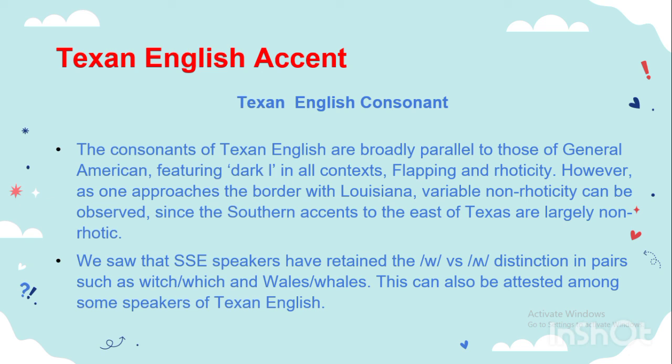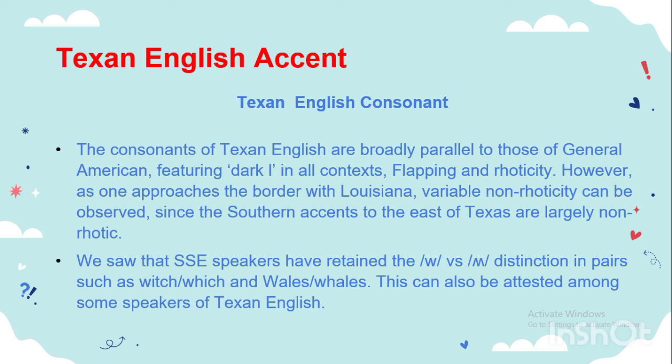Texan consonants. The consonants of Texan English are broadly parallel to those of General American, featuring dark L in all contexts, flapping and rhoticity. However, as one approaches the border with Louisiana, variable non-rhoticity can be observed, since the southern accents to the east of Texas are largely non-rhotic.